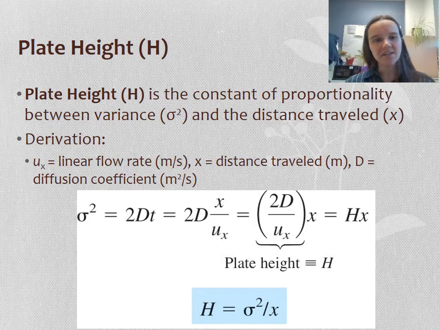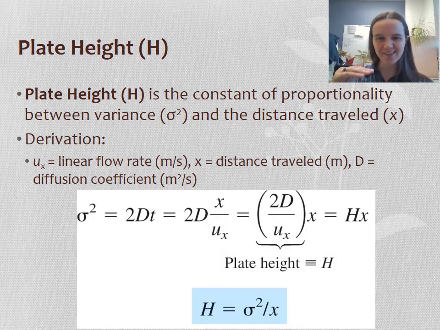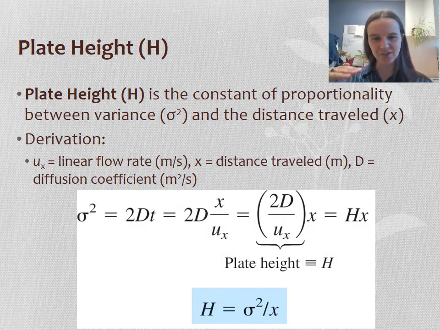Now, plate height is something that chromatographers use to describe the resolution and the lack of diffusion. And plate height is this fake artificial construct. You might hear some people talk about the number of theoretical plates. And a theoretical plate is like one distillation step, essentially.